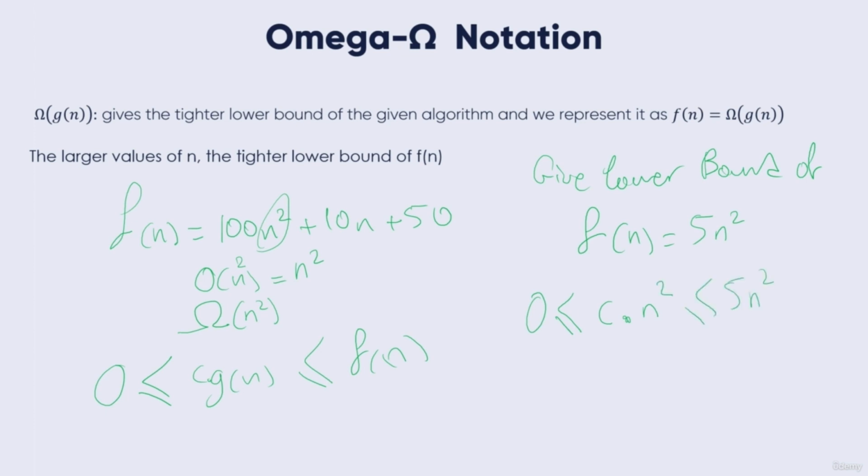So there exist n0 and c such that c times n squared is less than or equal to 5n squared, which is f of n. This is the formula that we are working with to find the lower bound. Okay? c n squared is less than or equal to 5n squared. So c equal to 5 and n0 equal to 1.